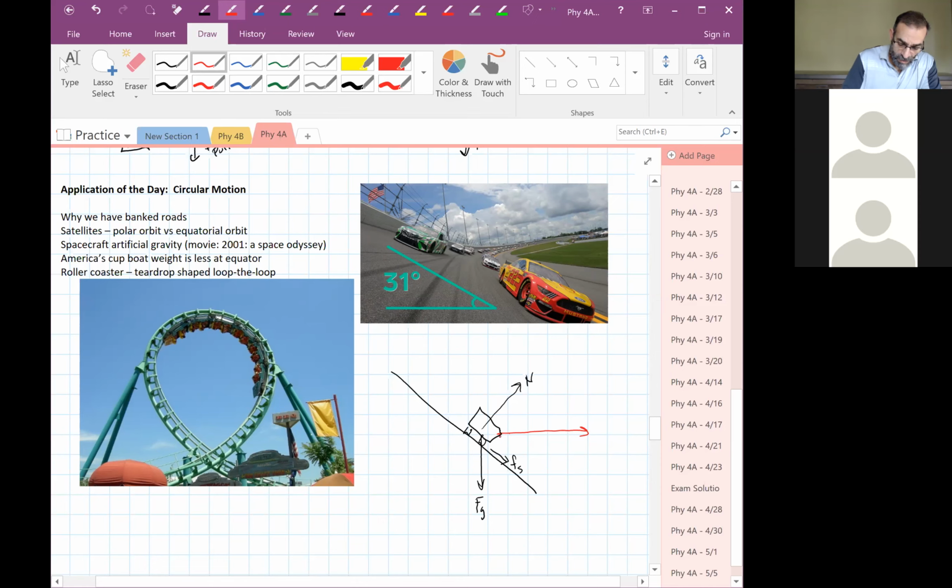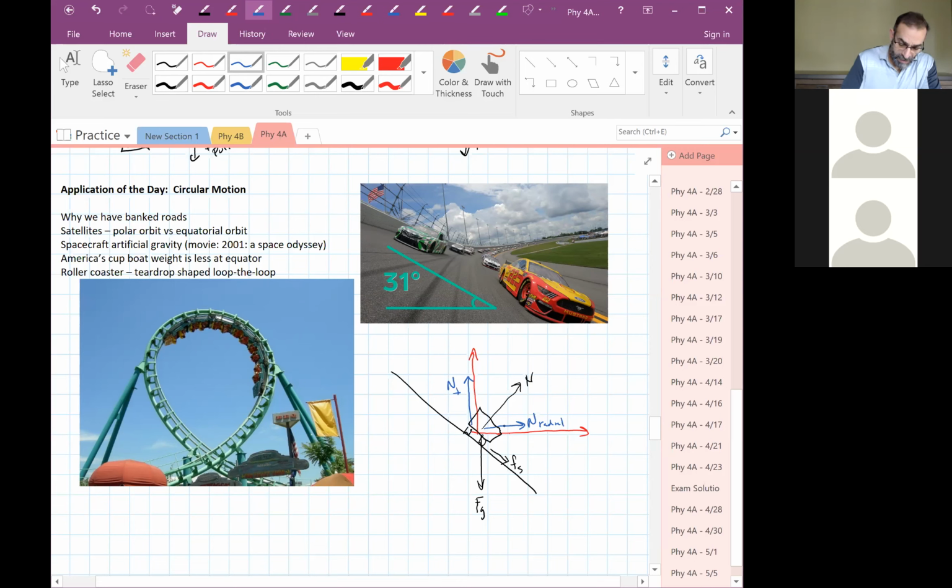And so we want our coordinate system to point in the direction of the acceleration. We want this to be our coordinate system, not the angle of the incline, because it's a circular motion problem. So we can split up our normal force into a normal force in this direction, the radial direction, and a perpendicular.